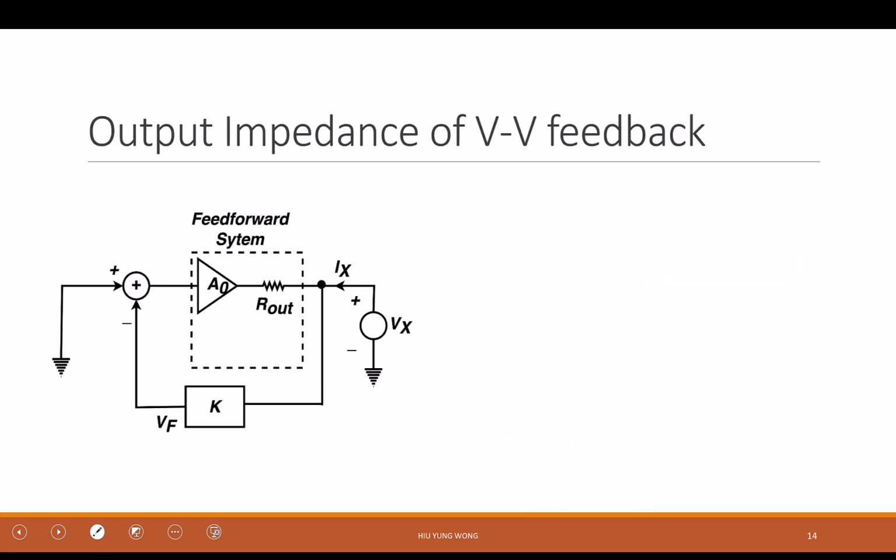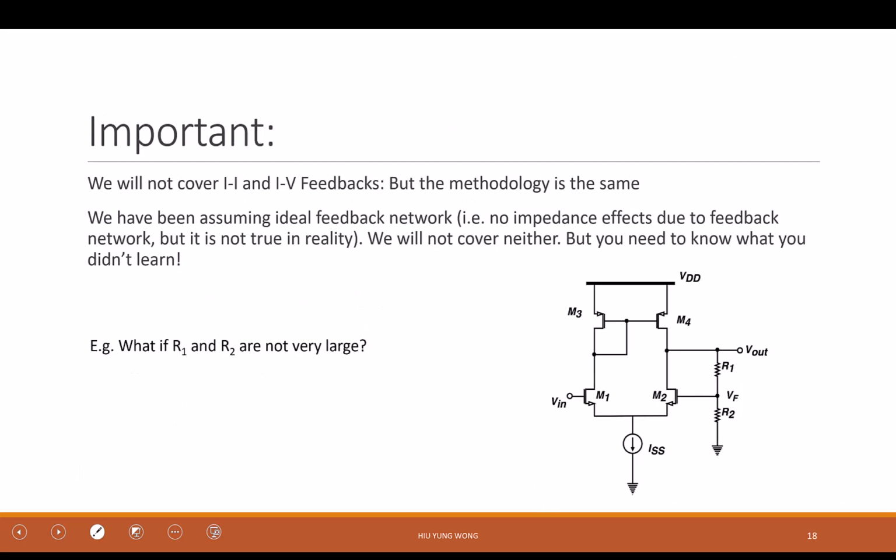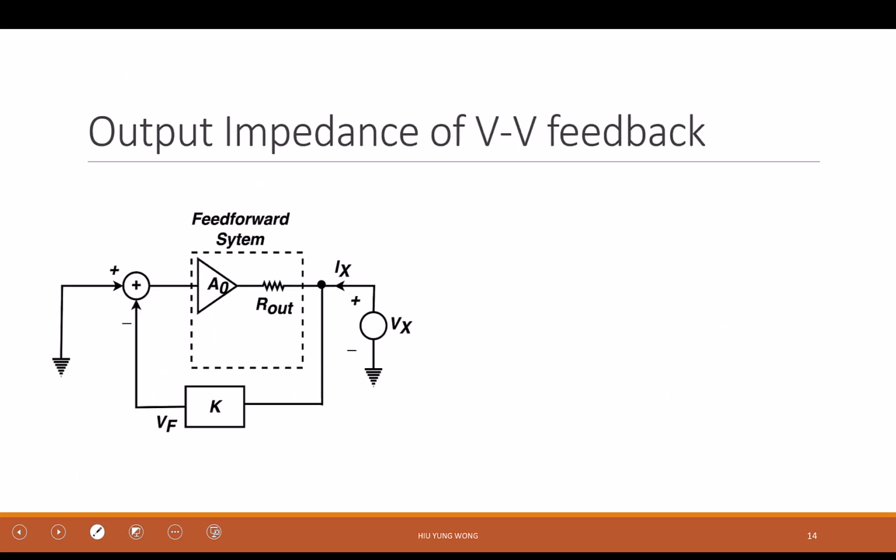Okay. How about the output impedance? What happened to the output impedance of a voltage feedback? You want it to be 0 because it is an ideal voltage source.